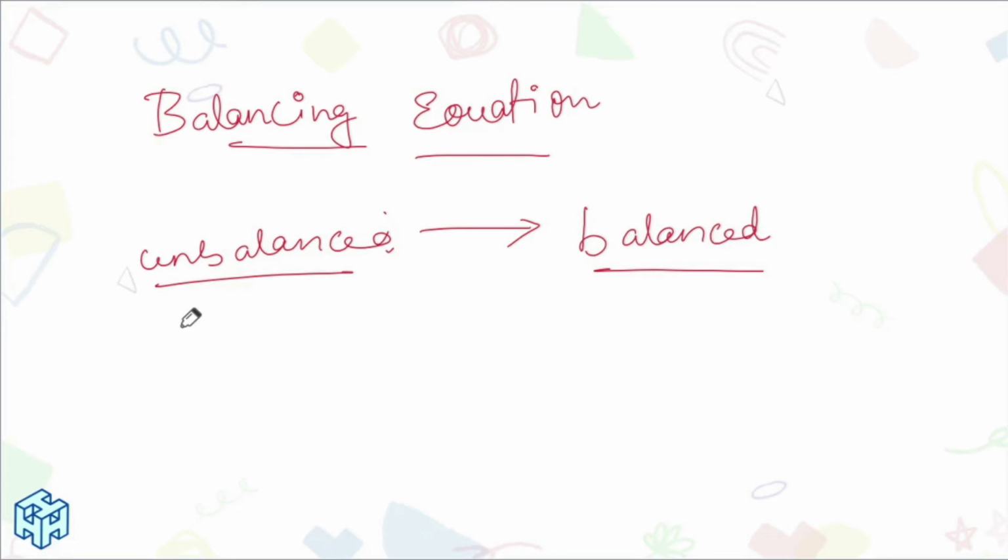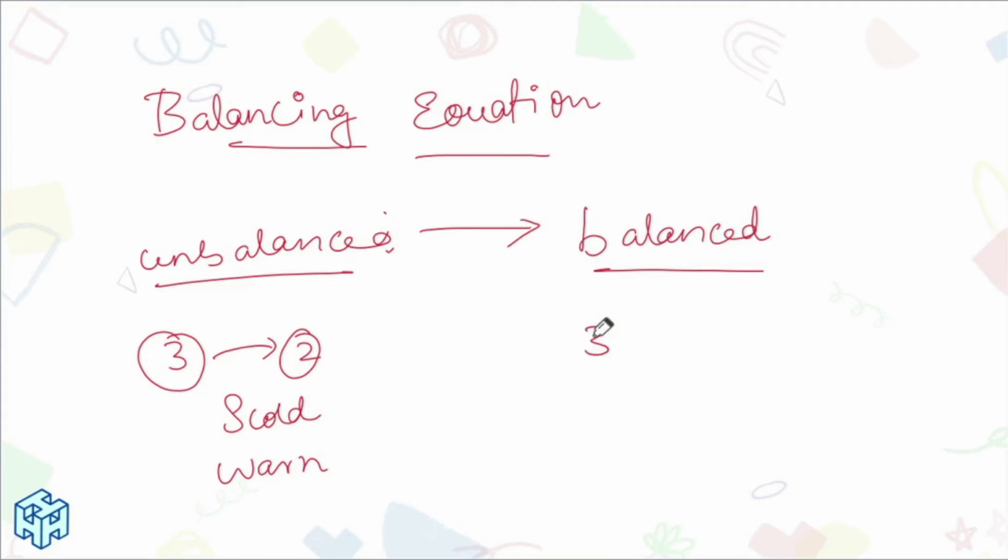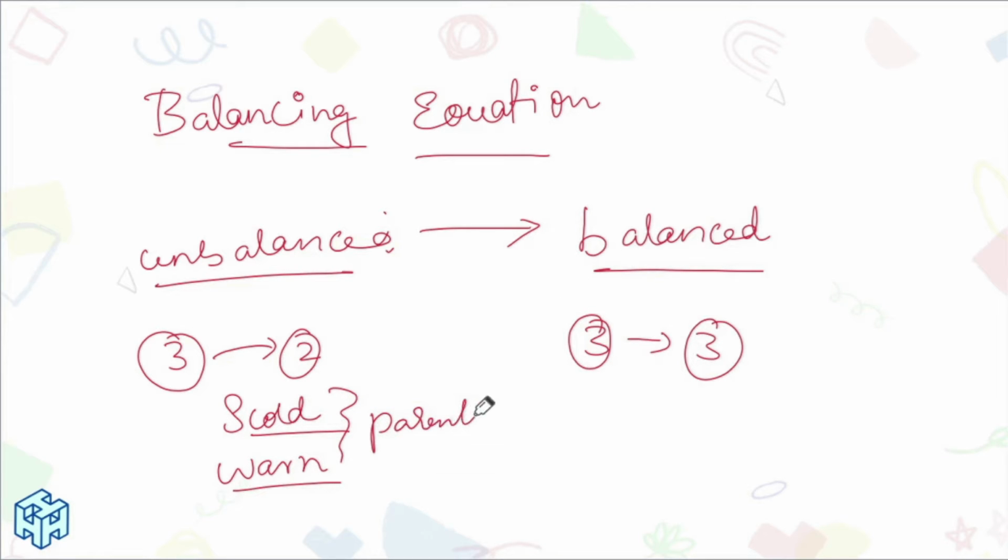Like a simple example, I have given my friend 3 rupees but he is giving me 2 rupees. What do I do? I scold him, I warn him, making him fear that I will complain to his parents, then he gives me 3 on 3. This scolding and warning is a process. In the same way, by applying the balancing equation method, you balance an equation.